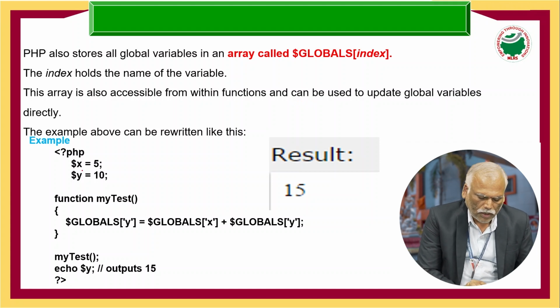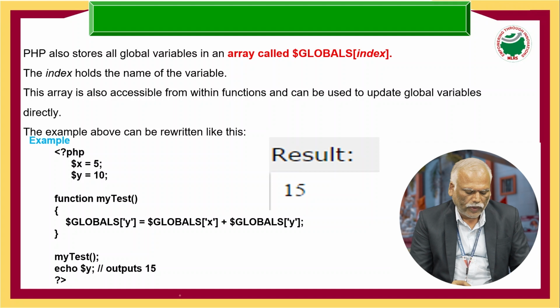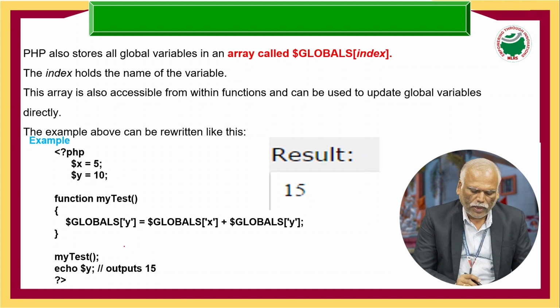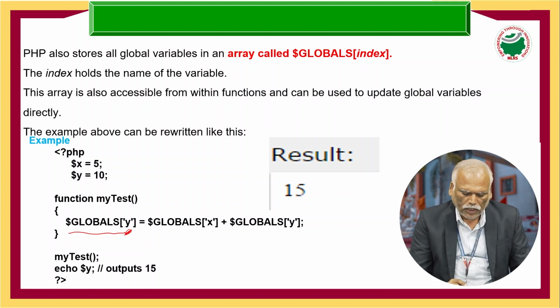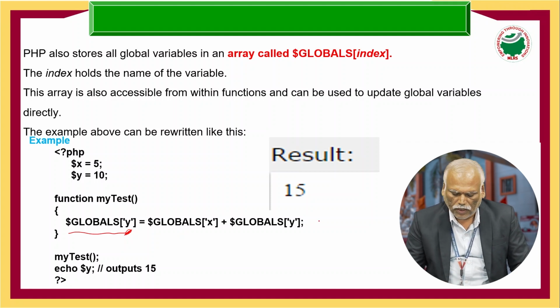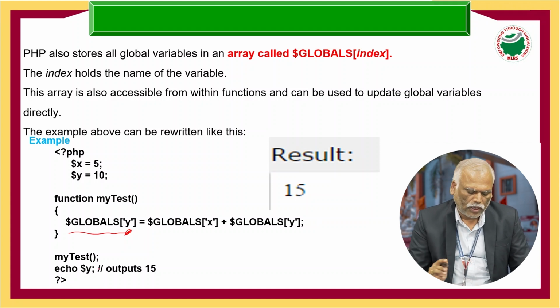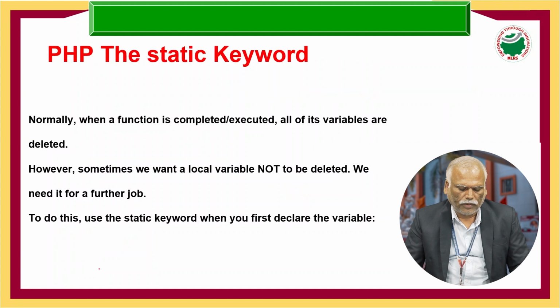For example, here $x and $y are global variables that can be accessed by using the array $GLOBALS with the name of the variable, and $z equals $GLOBALS['x'] plus $GLOBALS['y'], which returns the addition of these two variables and displays 50 in the output. This is what global variables are.